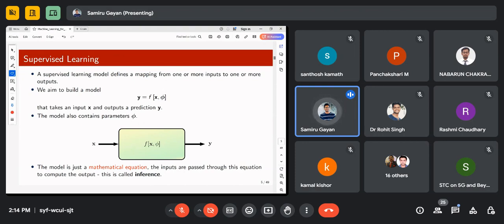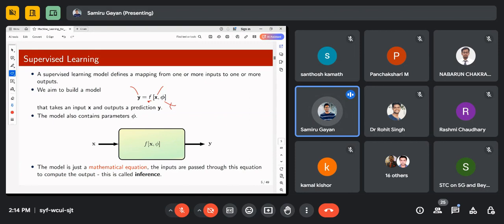In a supervised learning model, we need to find a relationship between the input and the output. That is what we call a mathematical model, or mathematical equation. If our input is represented by variable x and the output is y, what we try to get is a model f, which can replicate the relationship between the input and the output using some parameters phi.